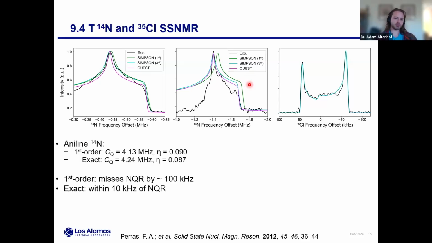To show the discrepancies, if I were to fit just in first order and then get the best fit from the exact simulation, this is a pretty significant discrepancy in the tensors. At first order, I would have missed the experimental NQR lines by about 100 kilohertz. I never would have seen a signal. But because we used that exact simulation, we got the tensor a lot closer, within just 10 kilohertz of the NQR search, and we basically saw a signal right away.